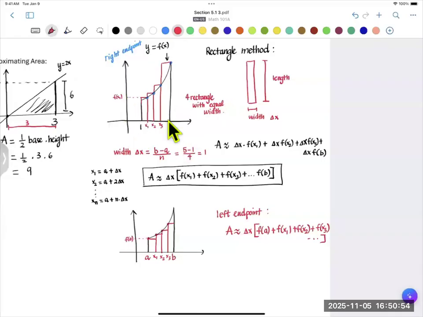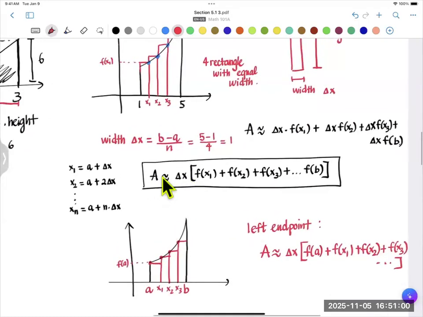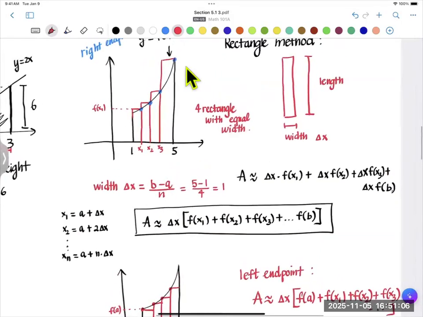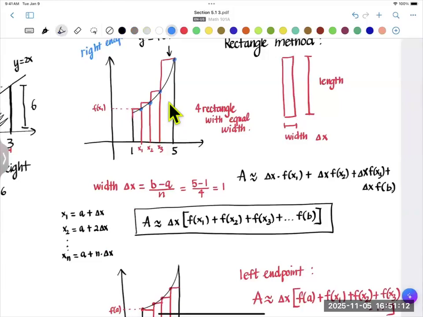So now let's take a look at the estimation. Because we estimate, we cannot say 100% that the area will be our estimation. When we estimate, there should be some error. And you can look at this. To estimate this, we have a lot of error right here, because you are actually overestimating a lot.